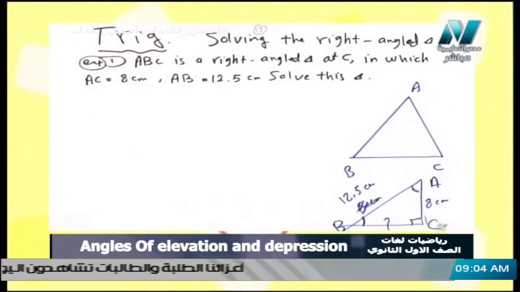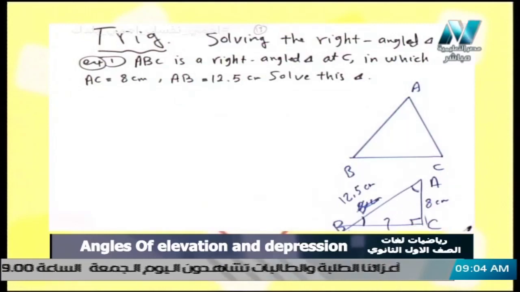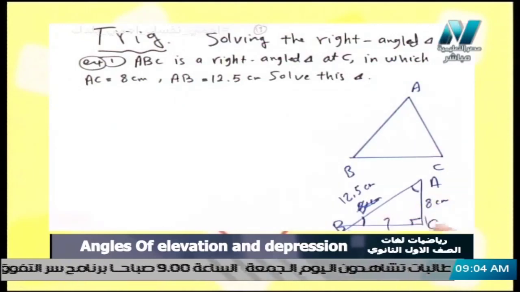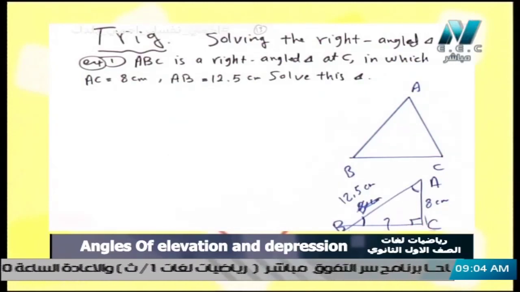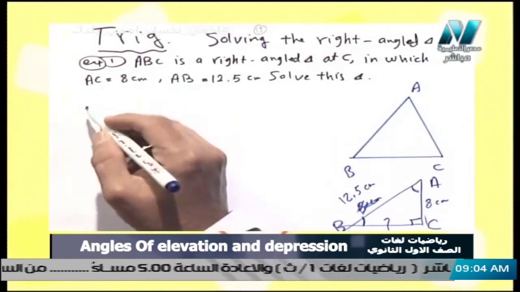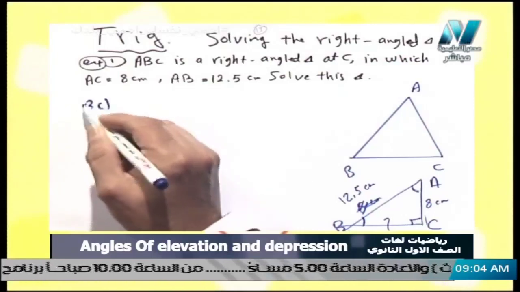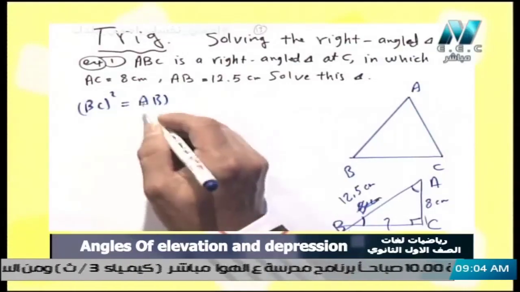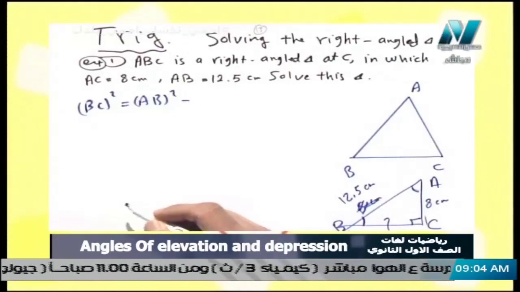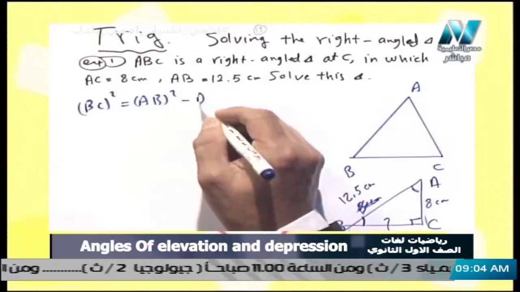To find the third side BC, if we have a right angle triangle at C, then we will apply the Pythagoras theorem. We calculate BC power 2 equals AB power 2 minus AC power 2.